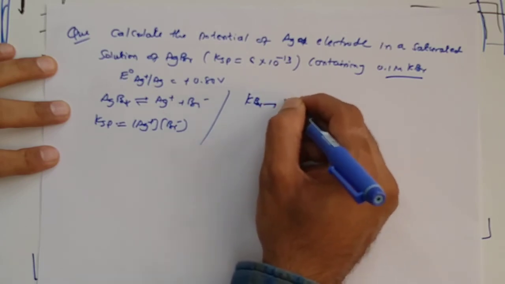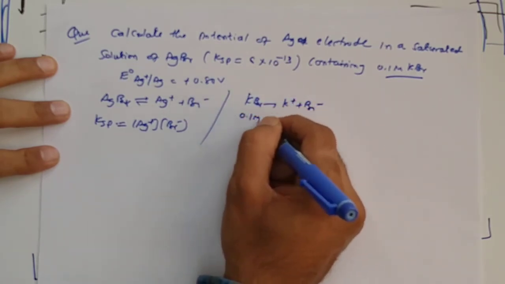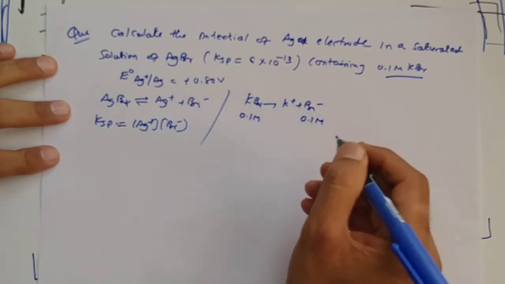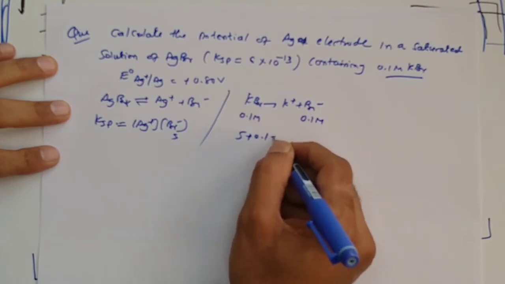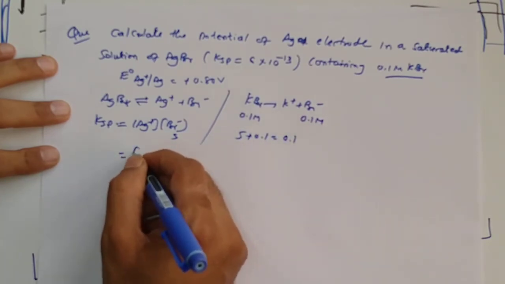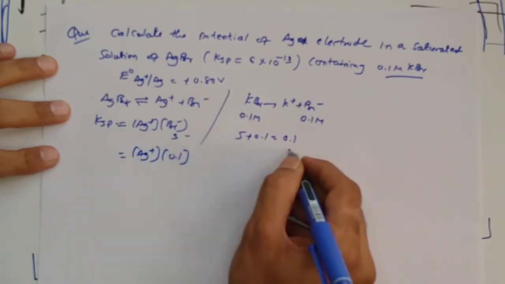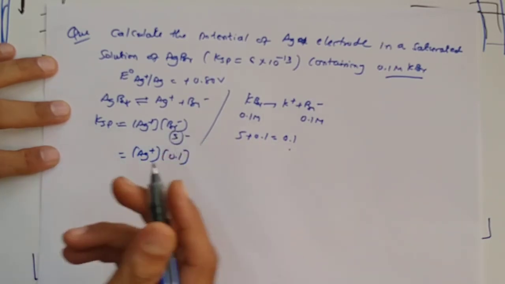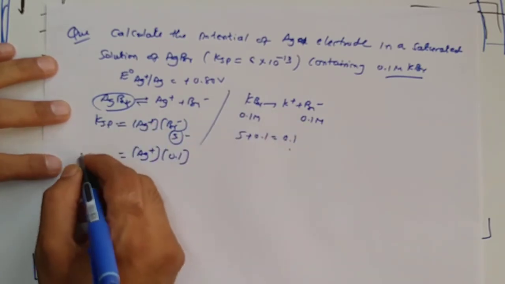KBr is a strong electrolyte, so K plus and Br minus. 0.1 KBr gives 0.1 Br minus, so 0.1 plus S, and we can derive Ag plus with the help of it. In total, bromide is 0.1, S is negligible, as AgBr is very less soluble, sparingly soluble.